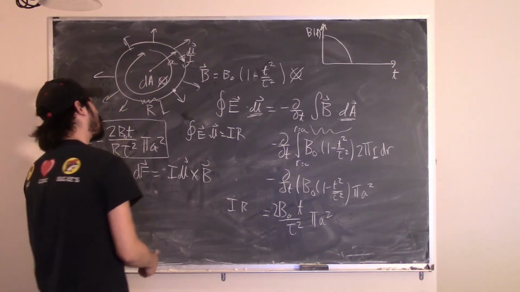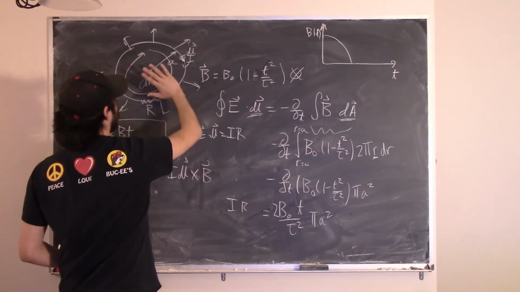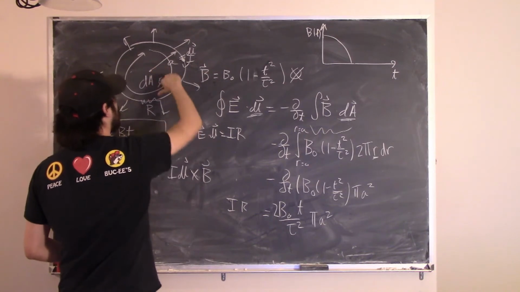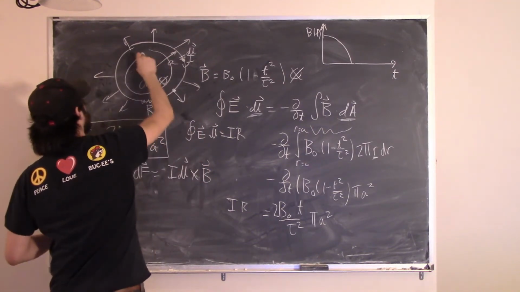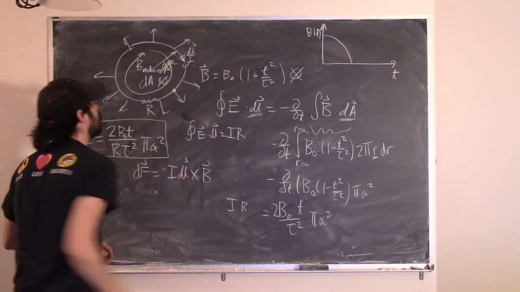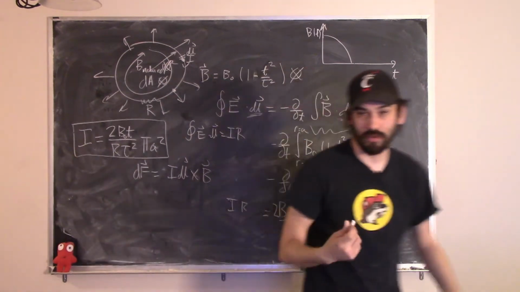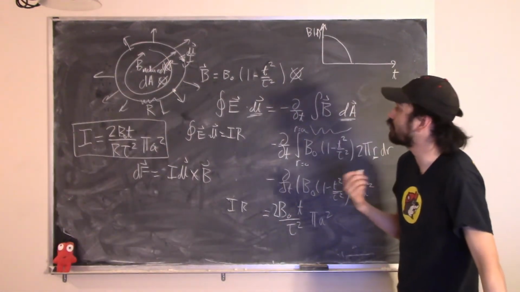And so if I put my thumb in the direction of the current, again, just at this point right here, and curl my fingers, that tells me that the induced magnetic field, so B induced, is going to be pointing in. Okay? And let's see if that induced magnetic field is consistent with what Lenz's law tells us.